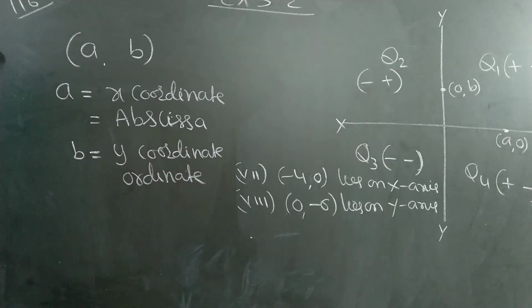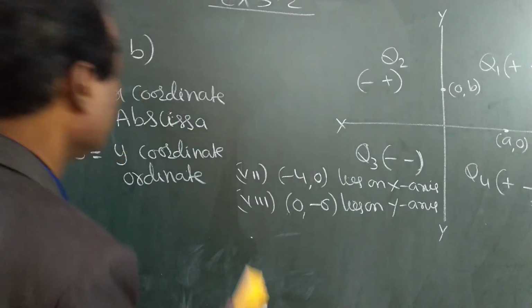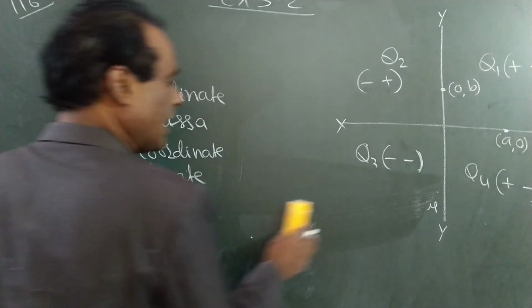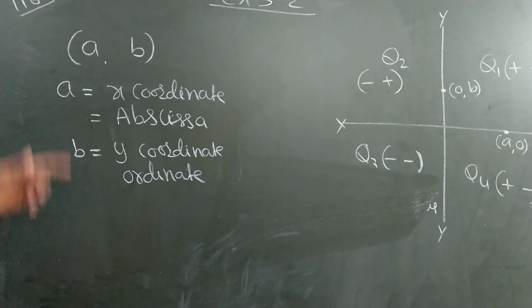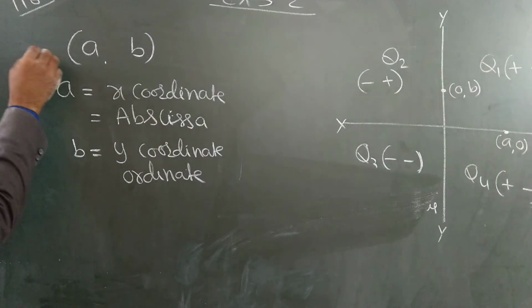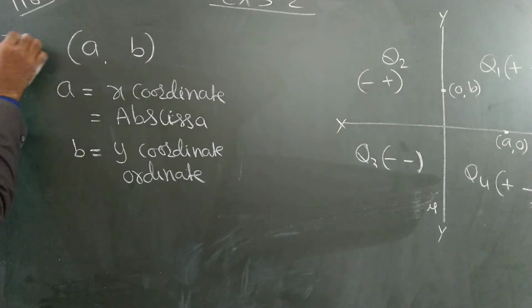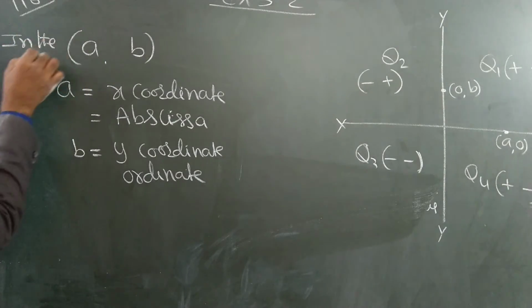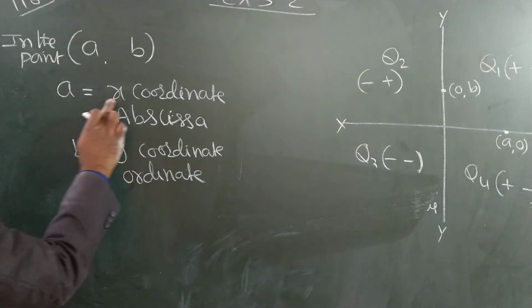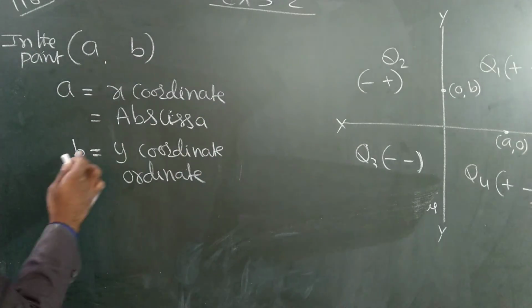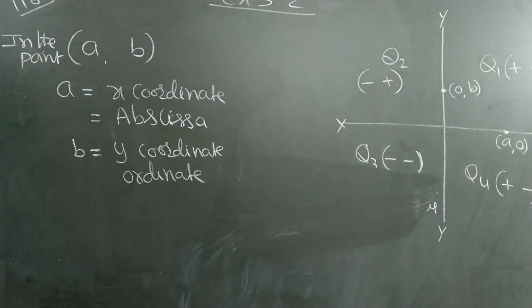Ordinate means y value, y coordinate. This I already gave in the notes. If anybody was absent yesterday, write down this point: in the point A comma B, A is called x coordinate or abscissa, B is called y coordinate or ordinate.